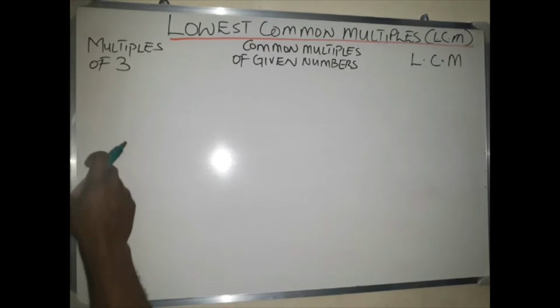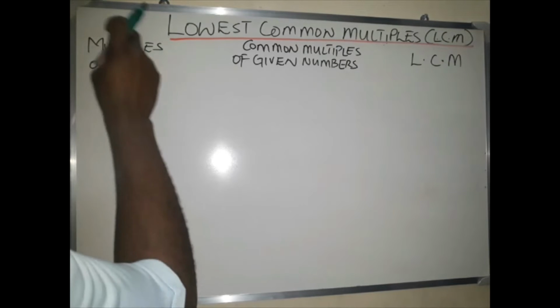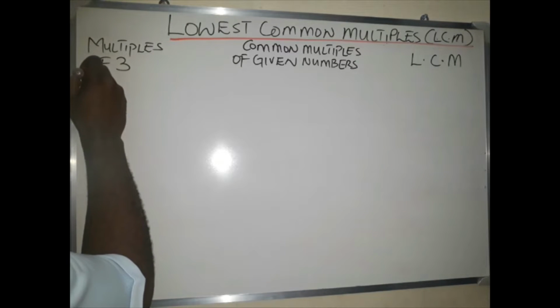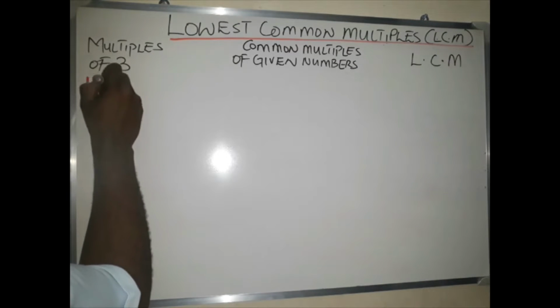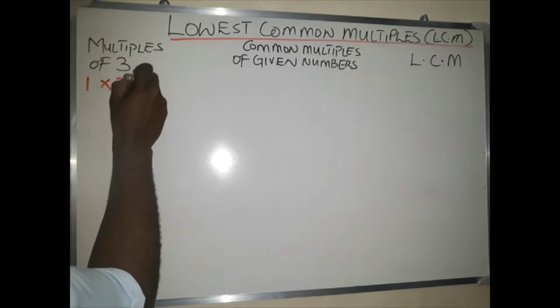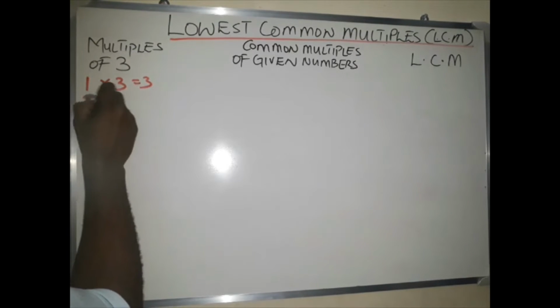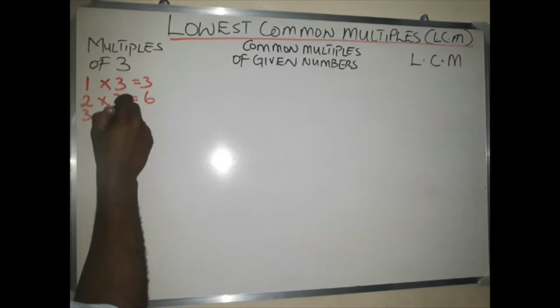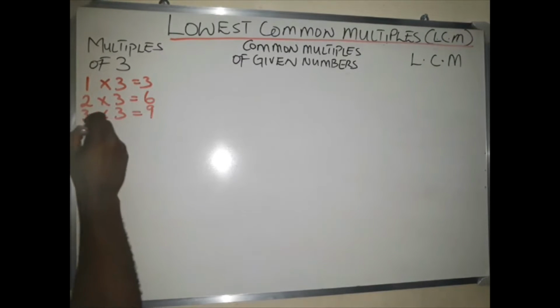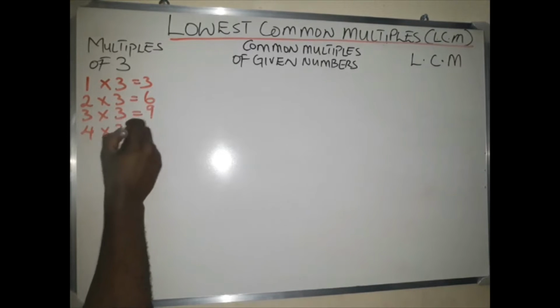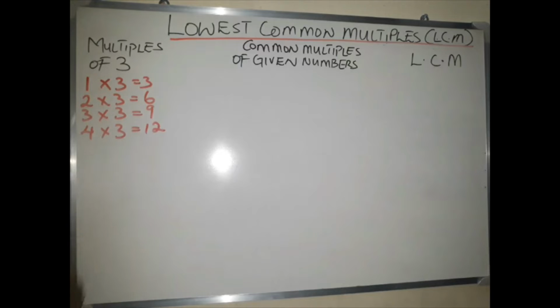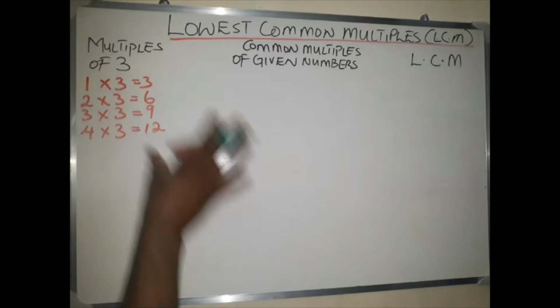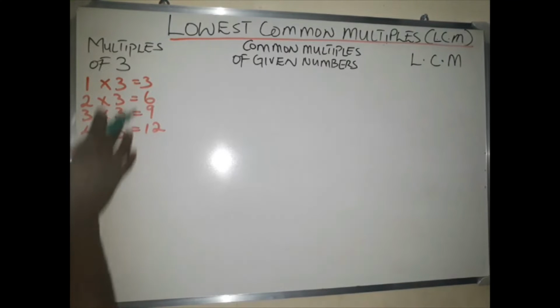We can start by saying 1 is a whole number. I multiply 1 by 3, you get 3. 2 is another whole number, multiply by 3, you get 6. 3 times 3 gives you 9. And then 4 times 3 gives you 12. We can keep on going, 5 times 3, 6 times 3, but because of our time and space, let us stop here.